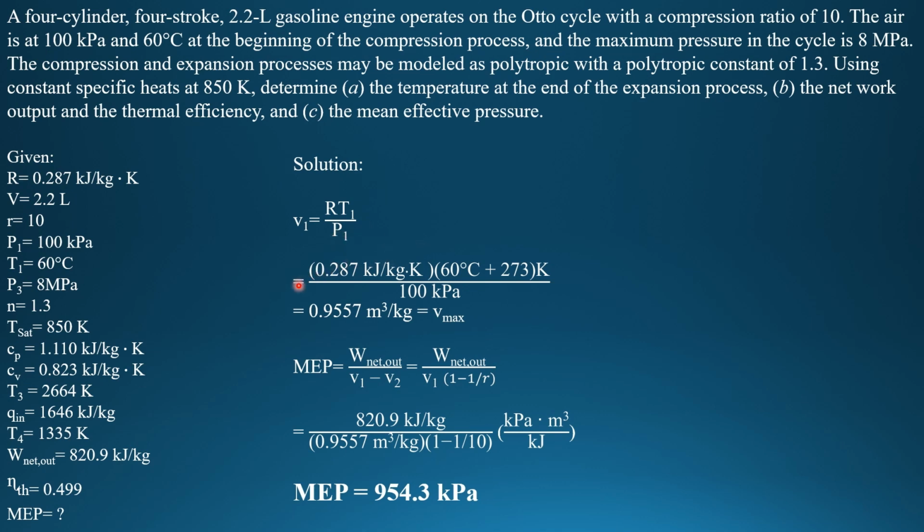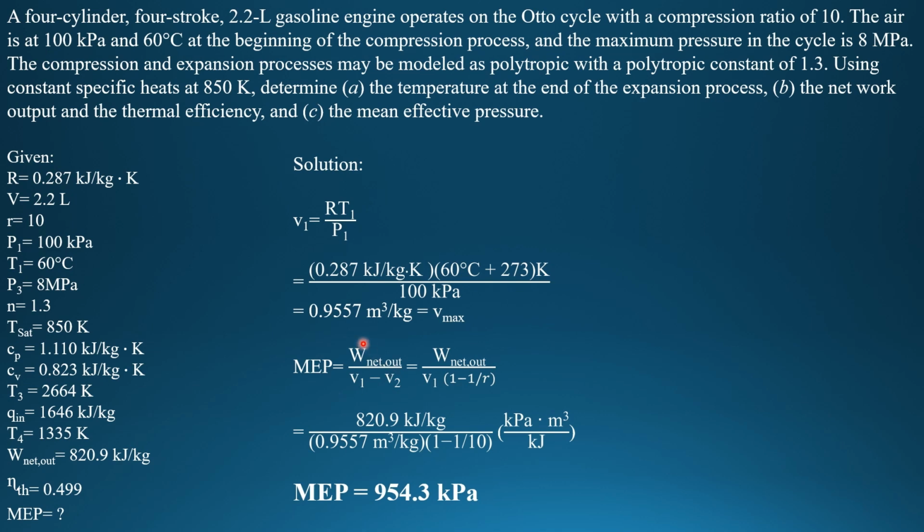So plugging in the values, we have 0.287 kilojoules per kilogram Kelvin times 60 degrees Celsius plus 273 Kelvin over 100 kilopascal. And we come up with this specific volume, that is 0.9557 cubic meter per kilogram, or it is also the specific volume at maximum.